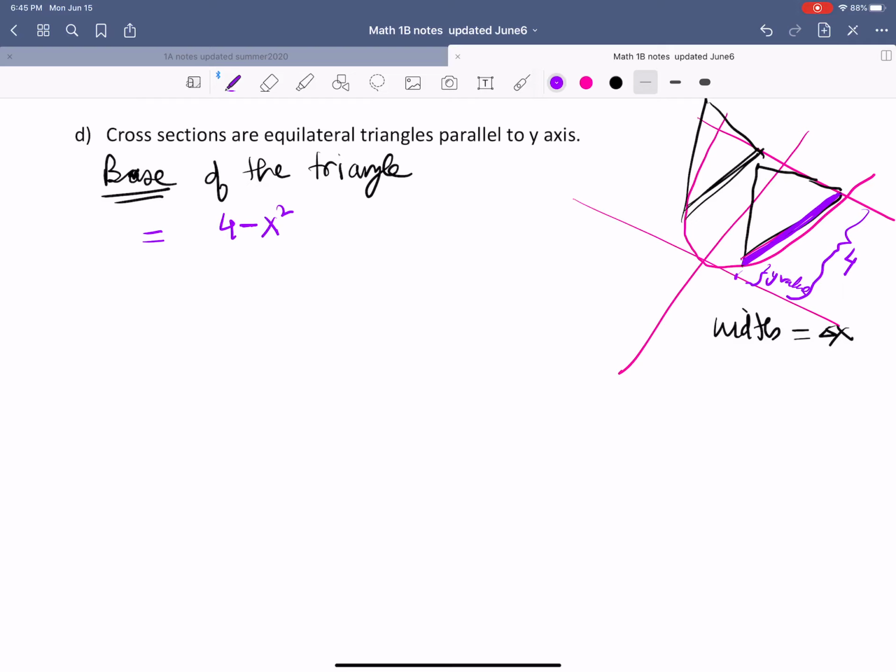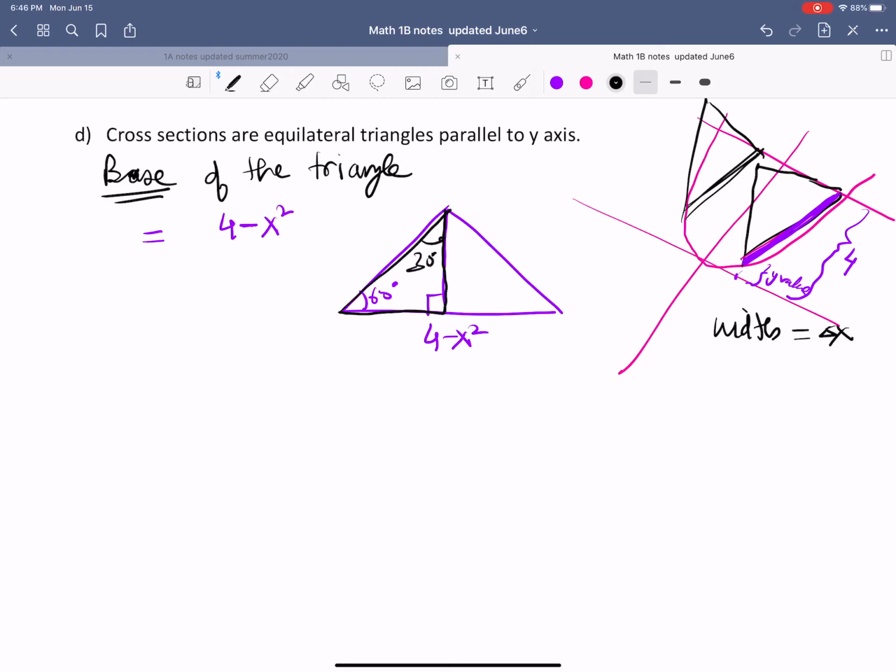Okay, so now we want to find the area of that triangle. Let's go ahead and split that triangle. It's an equilateral triangle, and I know this side is 4 minus x squared. Let's split it into a 30, 60, 90 triangle. This is 60 degrees, this is 90 degrees, so I'm only going to focus on a 30, 60, 90 triangle.